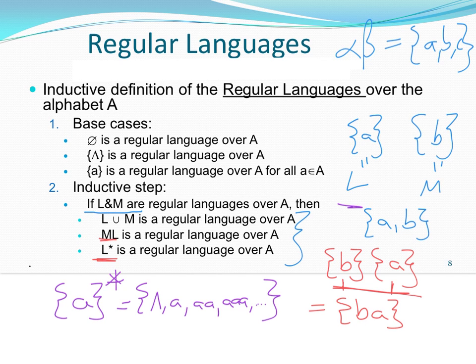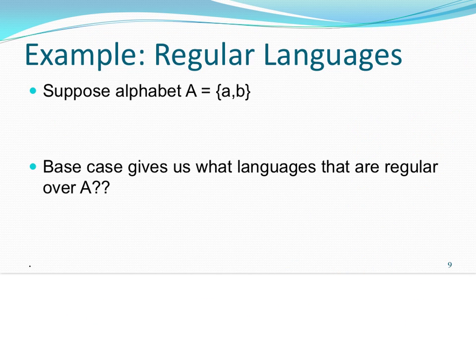Now, it probably would help you, when you're continuing watching this lecture, to just have the book open to this page in chapter 11, just so you can see this for a little while. So, just to review, let's suppose my alphabet is just the set containing two symbols A and B. If you look at the base case, those three rules, what languages do we know that are regular over A?